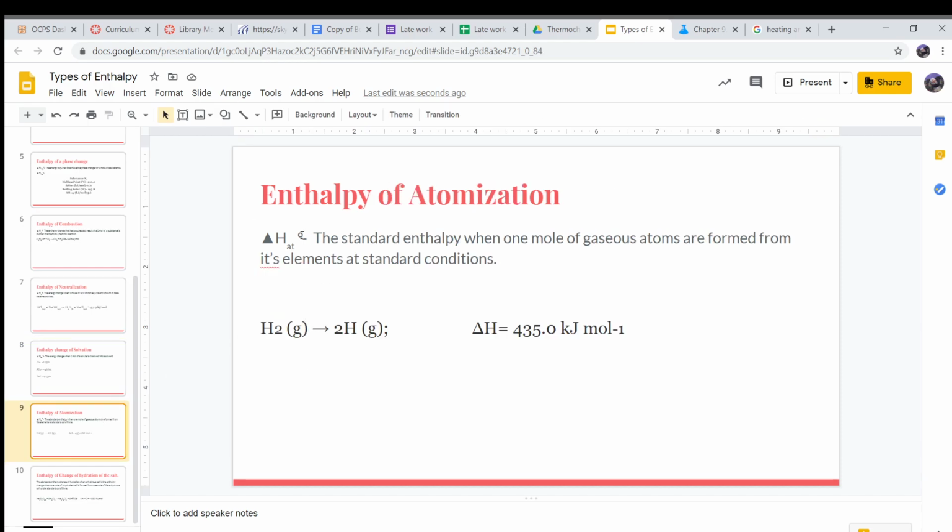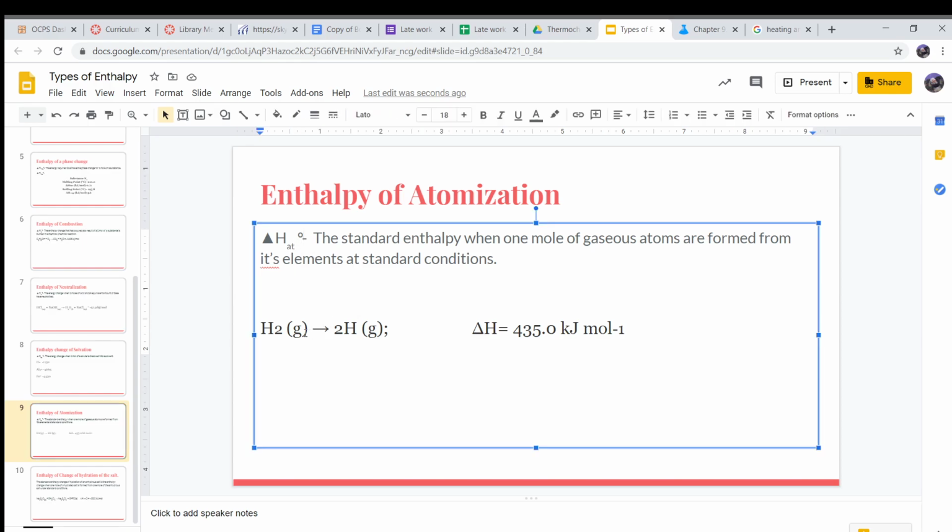Next is enthalpy of atomization. I'm going to be perfectly honest, I've never worked with this one. I wouldn't have any issues working with this one, but I don't see this one all too often. And this is where you take a relatively stable compound that's usually in its ground state. And so this is H2. H2 is happy here, and you give it enough energy that it splits up into two independent atoms.